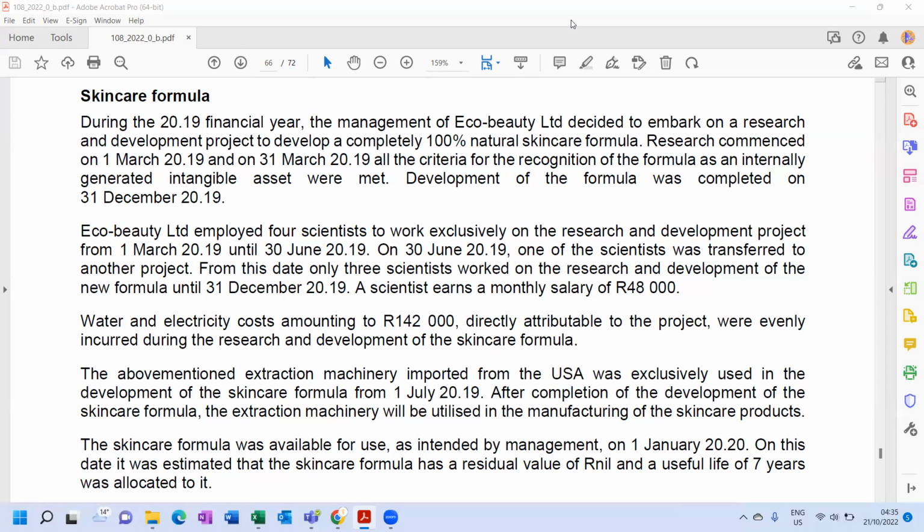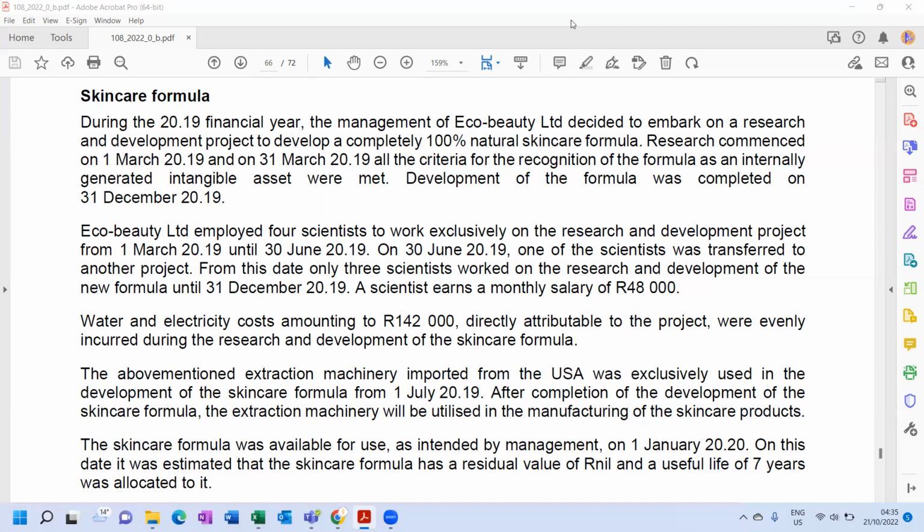Once it goes into development, the question we need to ask ourselves is, when it went into the development phase, does it meet the criteria in terms of IAS 38 to capitalize development costs? If it doesn't meet the criteria, you will have to expense the development costs. But if it does meet the criteria, then we will capitalize the development costs as a cost of an asset.